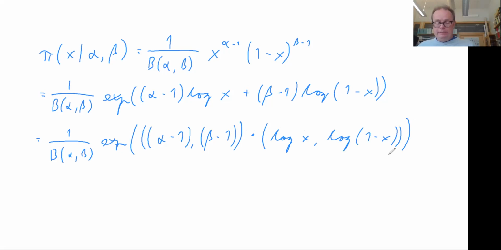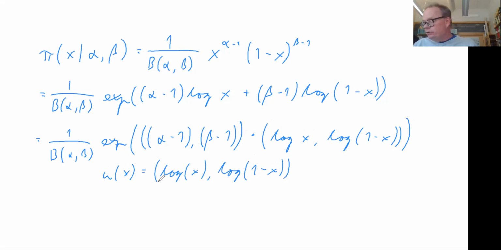So in fact, this is an exponential family of distributions where this u function is equal to the vector log x and log 1 minus x. And the h function, that was the one that depended only on x, this is in fact equal to 1. There's no term corresponding to that. And then you have the last term, which only depends on the parameters.